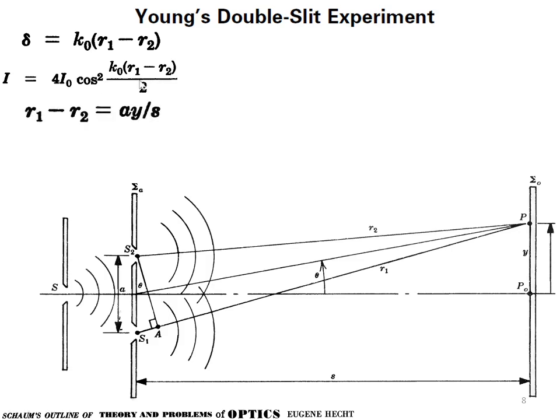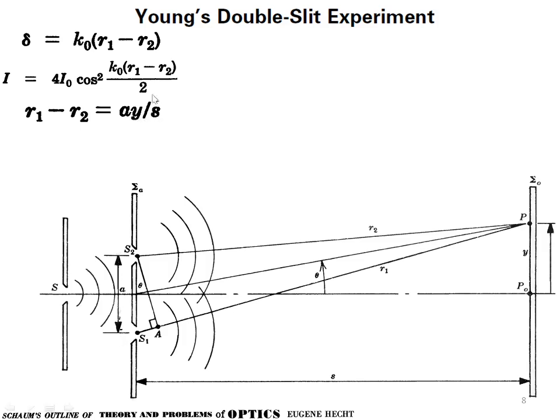And now again, by applying simple trigonometry, you can prove r1 minus r2 is equal to ay upon s, where a is the separation between the two sources. Remember, in the previous lecture we were using small d for separation between the sources. So accordingly, your notations should be updated. So here we are using a.